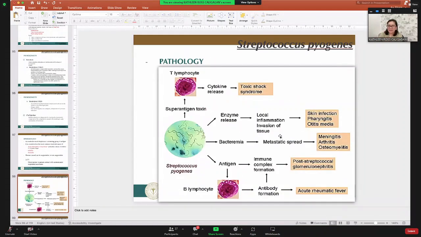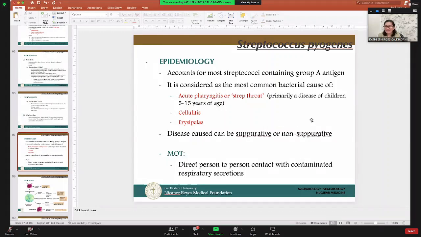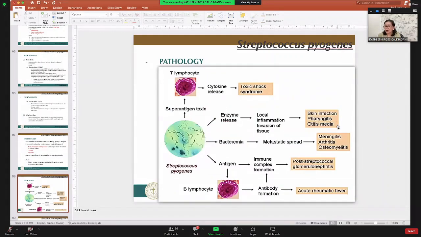Now, the manifestation can be classified into 1, toxic shock syndrome. Number 2, a simple skin infection, erysipelas or cellulitis, pharyngitis or otitis media. These are more localized infections, or you may have a systemic manifestation in the form of meningitis, arthritis, and osteomyelitis, bacteremia, and sequela.